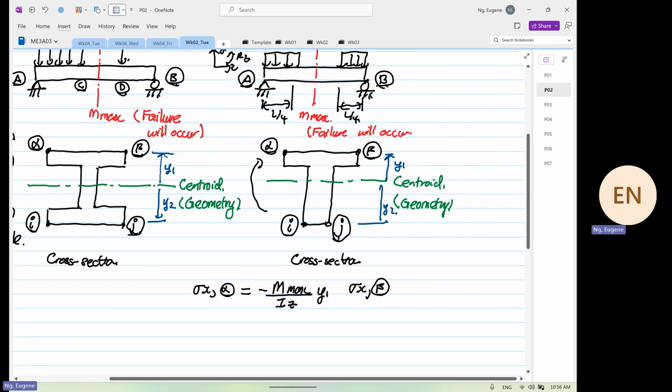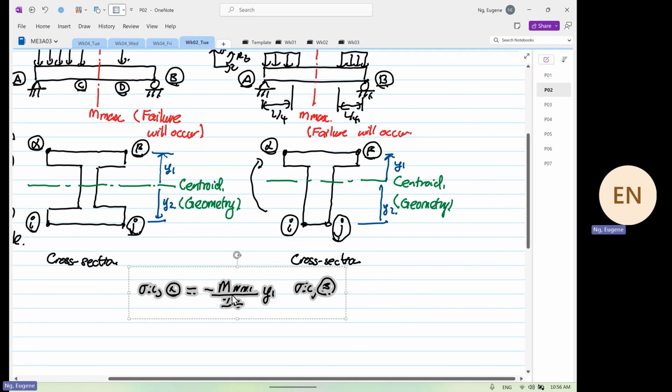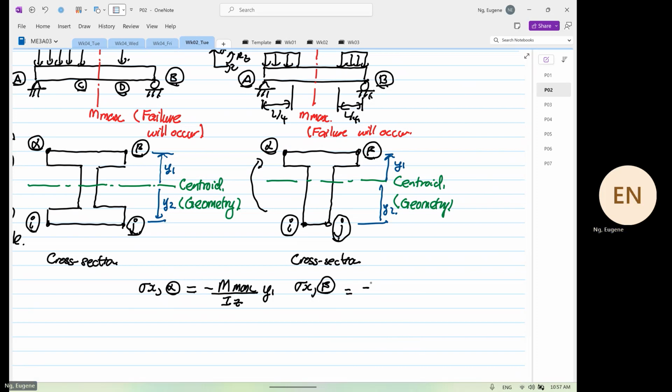Okay. Can you tell me what is at beta? Can you write for me the formula, for both left and right? What do you get? For beta is equal to what? Is it the same? Yes or no?